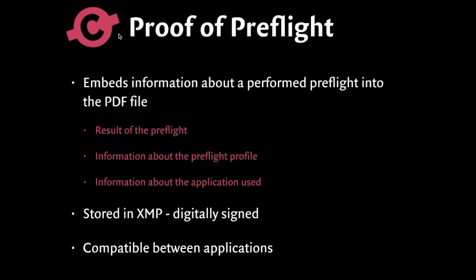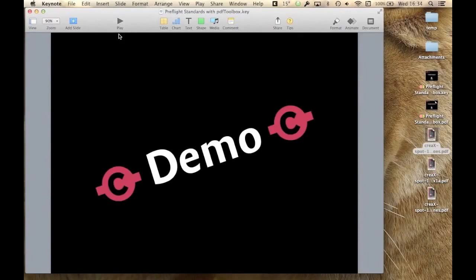So really you should re-preflight it. And it is a true Gantt workgroup standard, which means that it's not limited to one vendor or one implementation. You can actually use this across different applications. Now that sounds rather theoretical in a sense. So let's see if we can use it.